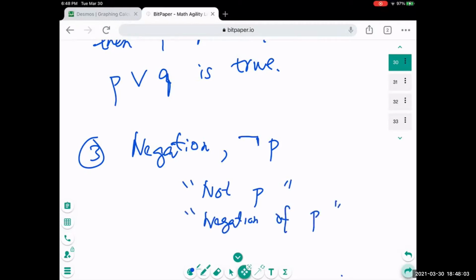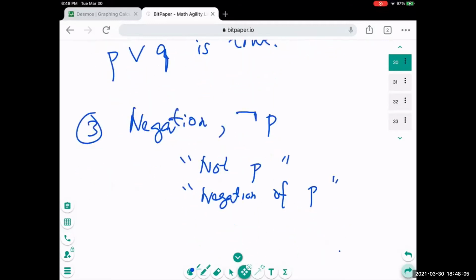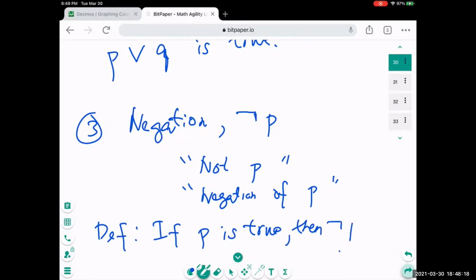So what is the definition of negation? Let's try the formal definition. If P is true, then not P is false, right?